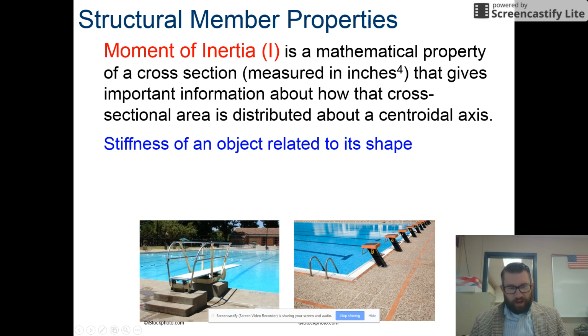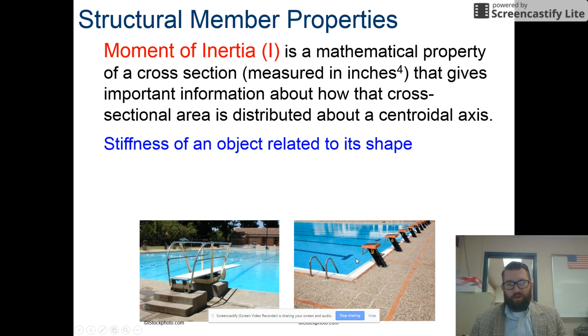So here I have a diving board. You'll notice that it has a long rectangular shape. People dive off of that and get a spring, enabling them to go higher up in the air before they enter the water. The platform has a square shape. So people just push off of that in order to enter the water and get a good start for a swimming race.